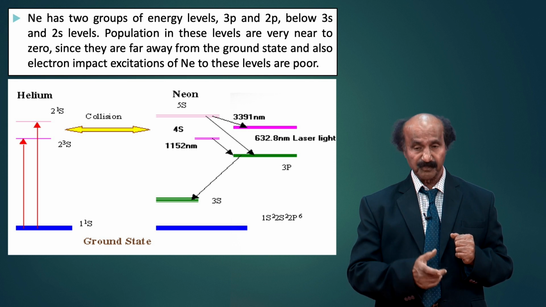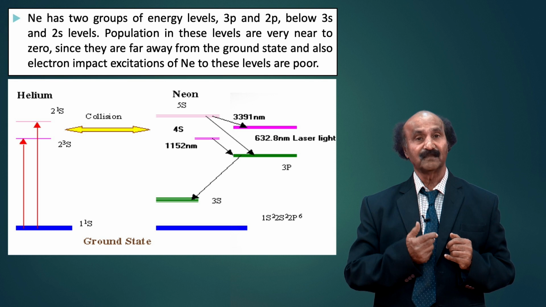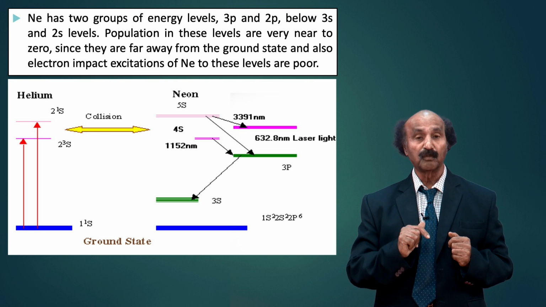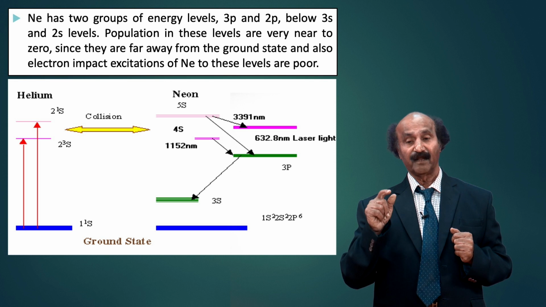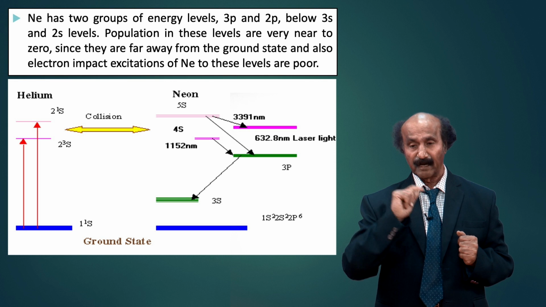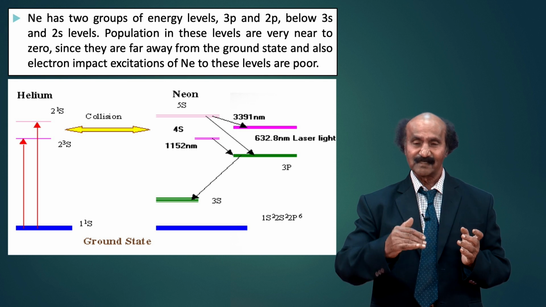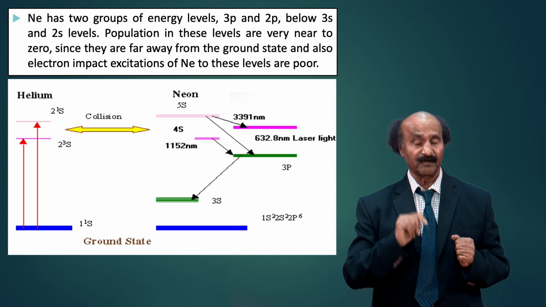In a similar fashion, on the other side, you have neon gas. This has the ground state energy level, which is given a certain notation, 1s2, 2s2, 2p6, etc. Then slightly up, at a higher energy level, you have a 3s level.